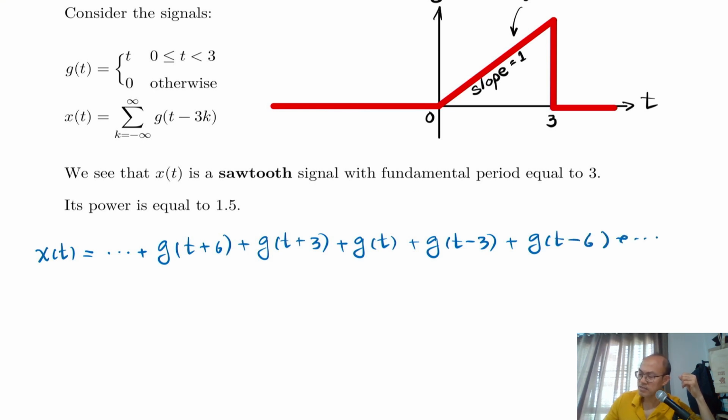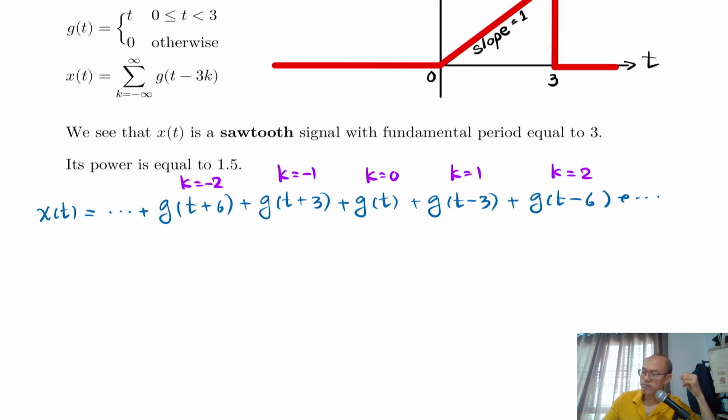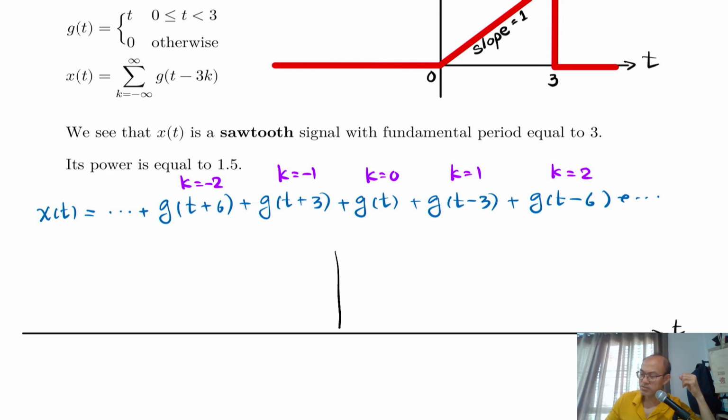Okay, this is when K equal to 2, K equal to 1, K equal to 0, K equal to minus 1, and K equal to minus 2. Now let's plot them. Let's plot these guys, and then we put them together onto the same axis to get X.